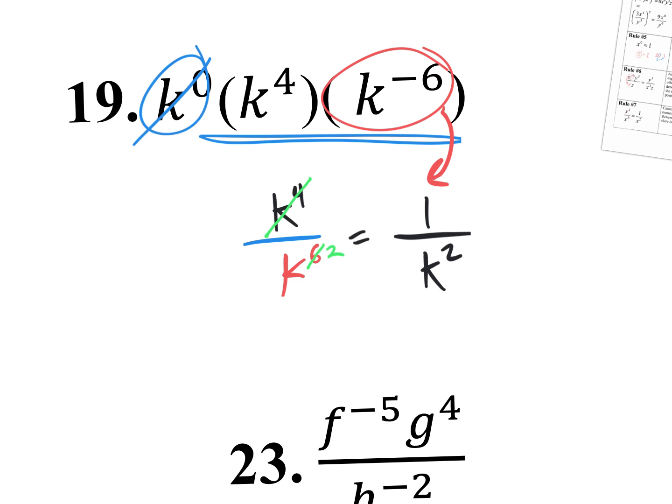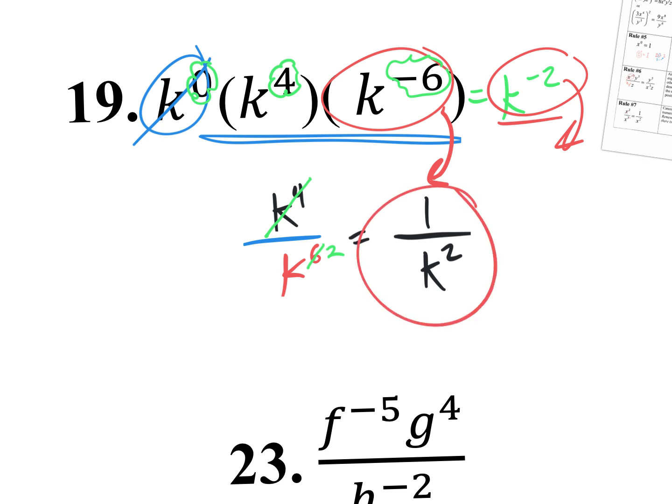So from the beginning, if you wanted to, you could have said, oh, I'm going to add 0 plus 4 plus negative 6. And it'll give me k to the negative 2. And then you would apply the negative exponent rule that you move it to the other side, and it'll become this answer that we got anyway. So there's many roads to the same place in math, okay?